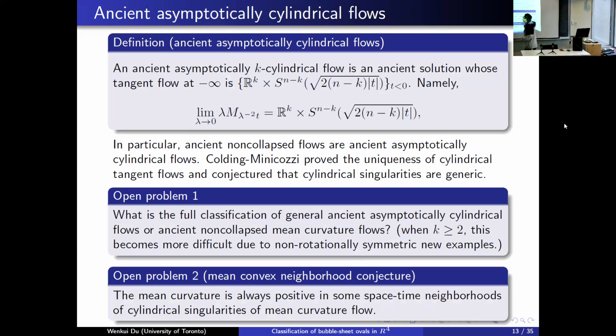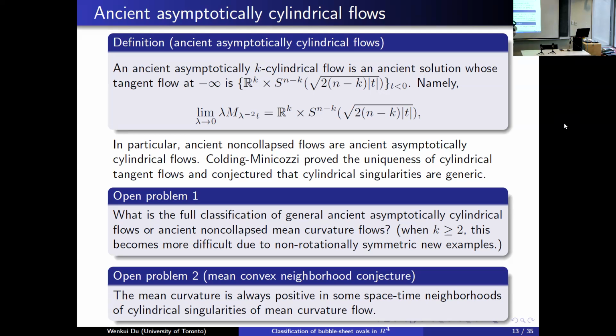Then we consider the so-called ancient asymptotically cylindrical flows. An ancient asymptotically cylindrical flow is basically the tangent flow at negative infinity. What is the meaning of tangent flow at negative infinity?